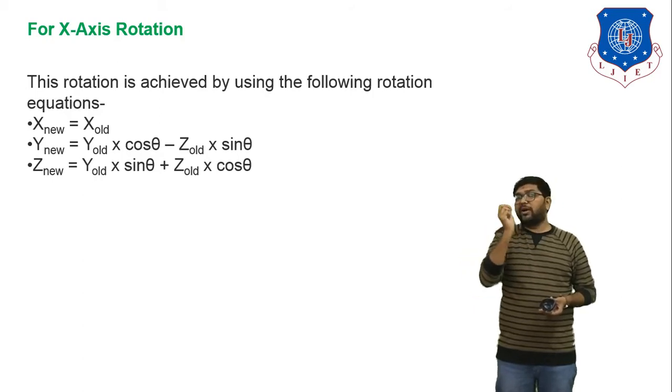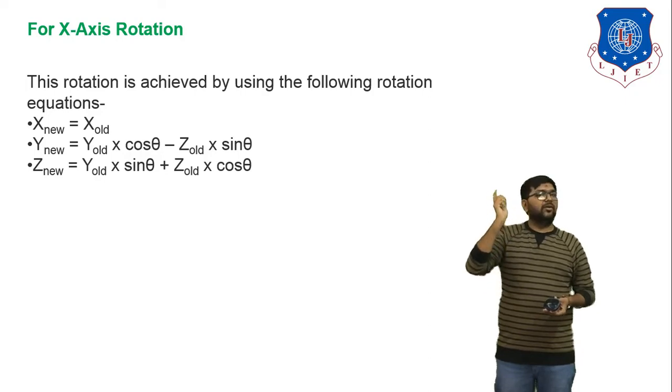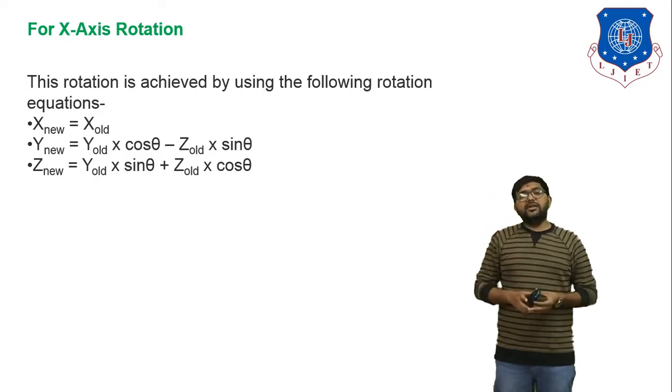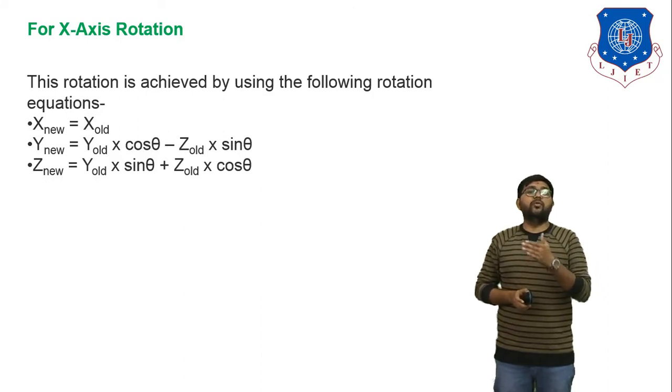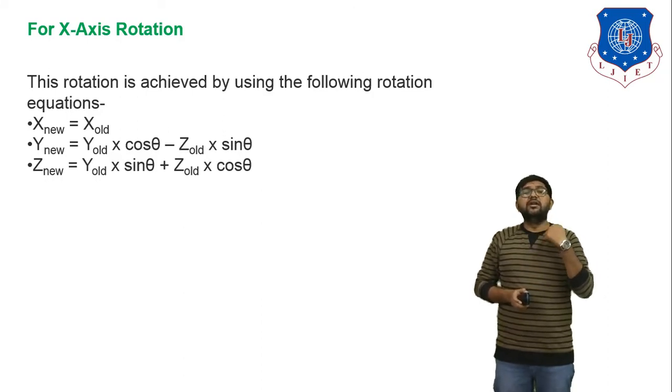The rotation is achieved by using the following equations. X new is equal to x old. Why? Because we give rotation about the x-axis, so rotation takes place only in the yz plane.